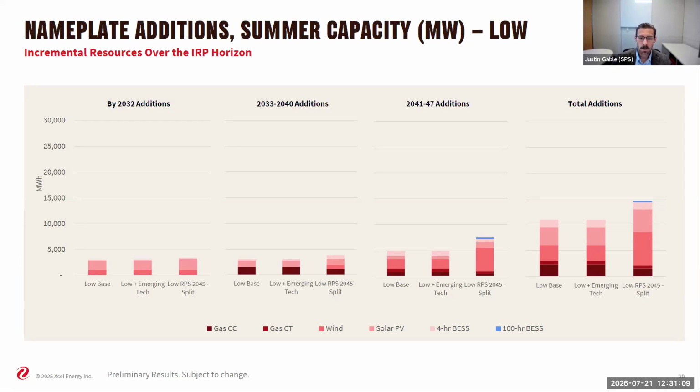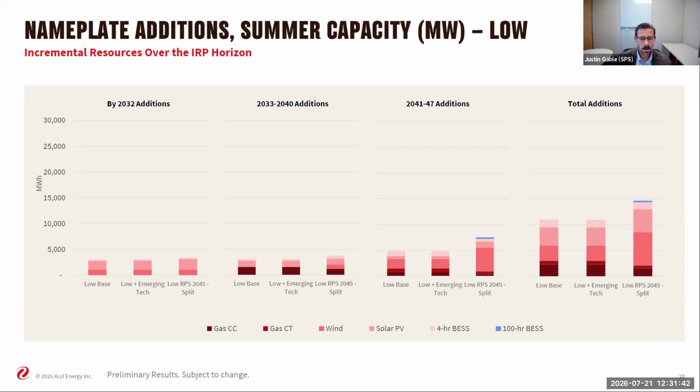In our low RPS 2045 split scenario, similar to what we provided in the previous slide, is a scenario where we were locking the resources for Texas on the thermals and removing the thermals for New Mexico and re-optimizing the model around additional renewables and non-carbon emitting resources. Now, for these scenarios, as we move through the different time periods, you can see that there are still thermal generation being built in all scenarios.